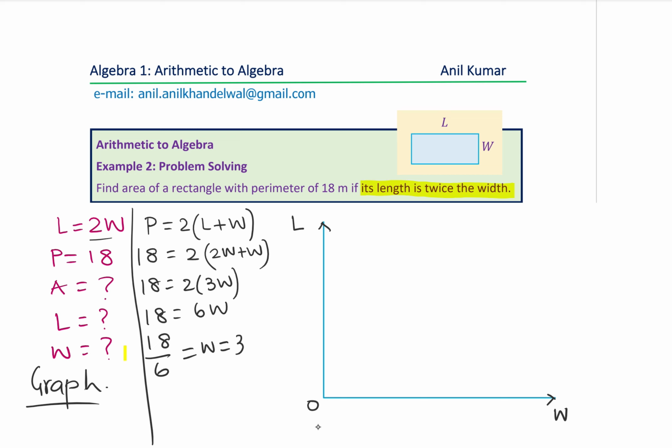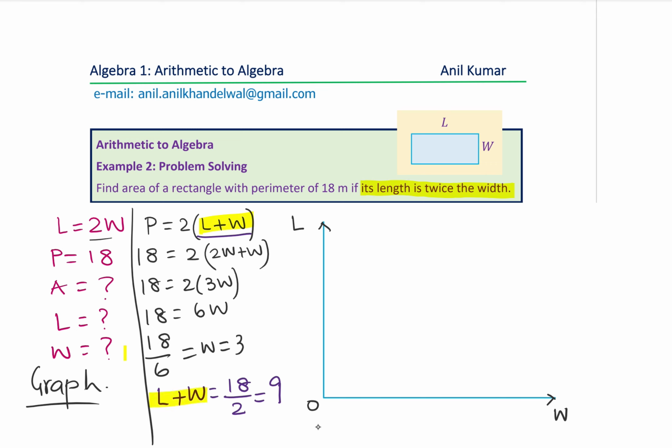We know length plus width is how much? Well, perimeter is 18, so in our case, let's use a different ink. We know length plus width should be half of 18. So that is 9, correct? So length plus width is 9.